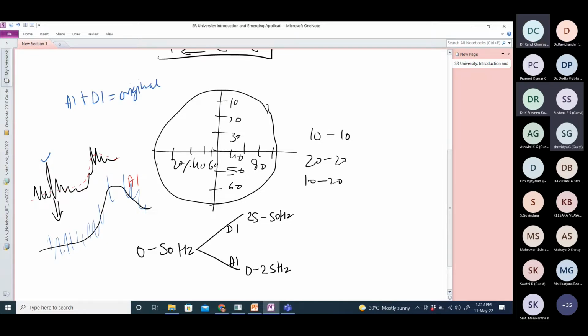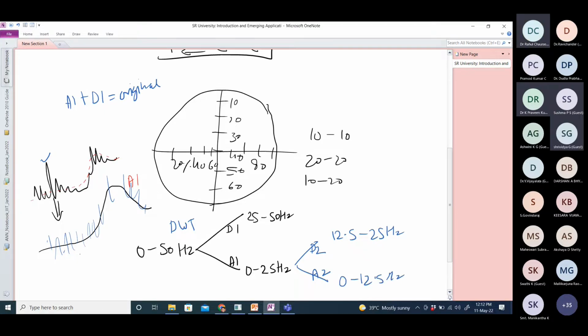This way you can have a one-order discrete wavelet transform that divides the signal into two parts. You can divide again, which will give you D2 and A2. The 0 to 25 hertz part is further divided: D2 is around 12.5 to 25 hertz, and A2 is around 0 to 12.5 hertz.